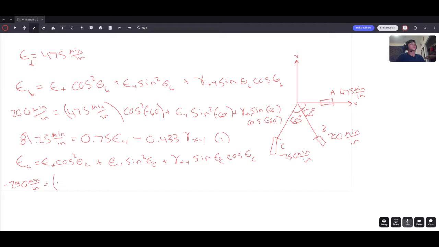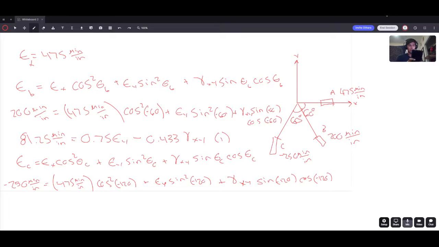Epsilon X is again 475 microinch per inch, times cosine squared negative 120, plus epsilon Y sine squared negative 120, plus gamma XY sine negative 120 cosine negative 120. Can simplify this down.